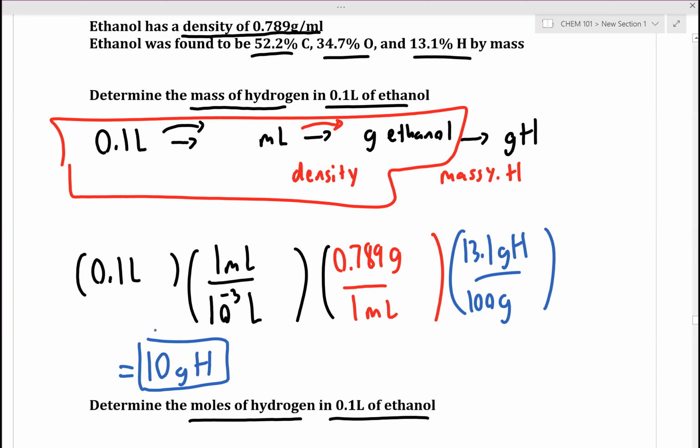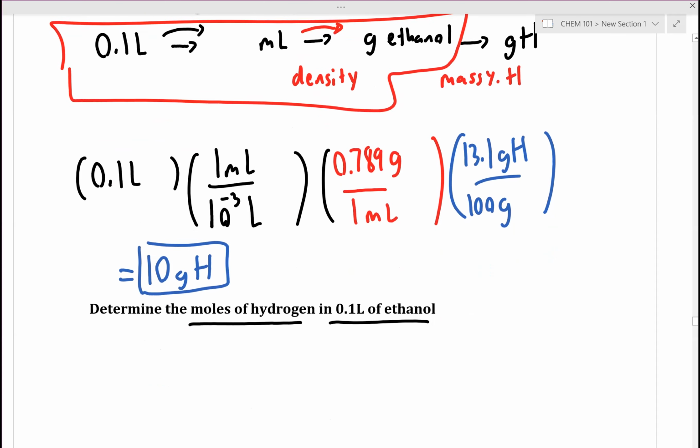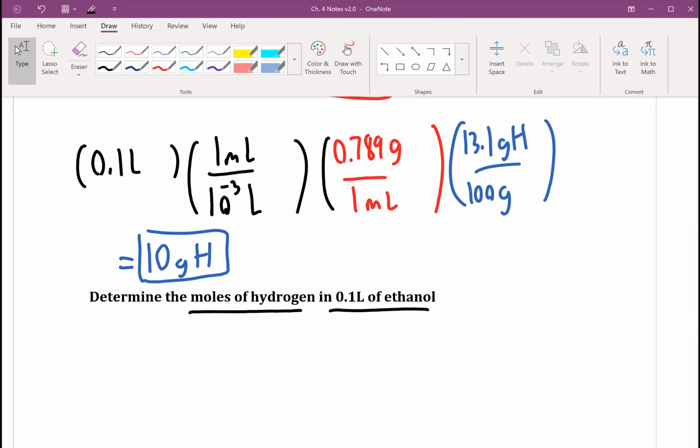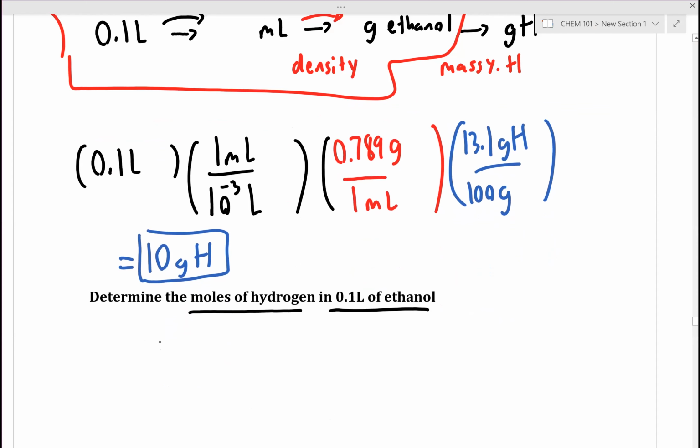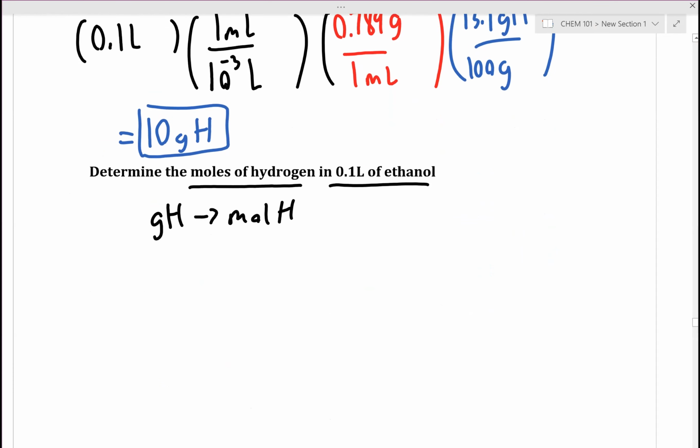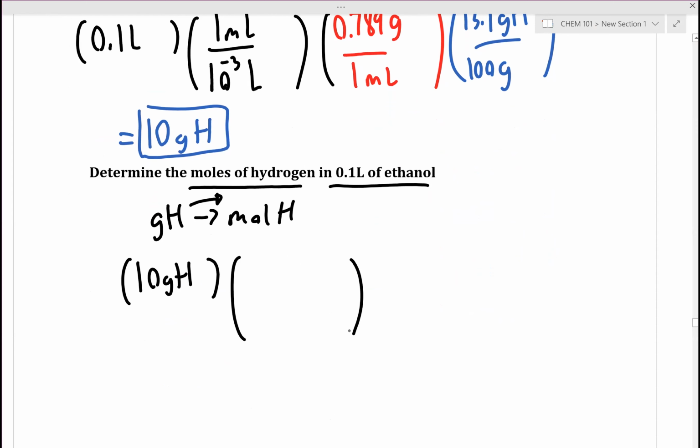Now, the reason why I said once you figure out this gimmick, the remainder of the problem is actually really fast. Mass mole conversions involving hydrogen are the easiest in the book. Why do I say that? Well, let's set up our conversion map. If I want to go from the grams of hydrogen to the moles of hydrogen, we're going to need to use the molar mass. And given that we have 10 grams of hydrogen, from grams to moles, what unit will need to be on top?